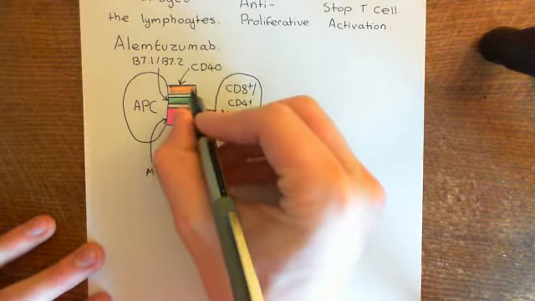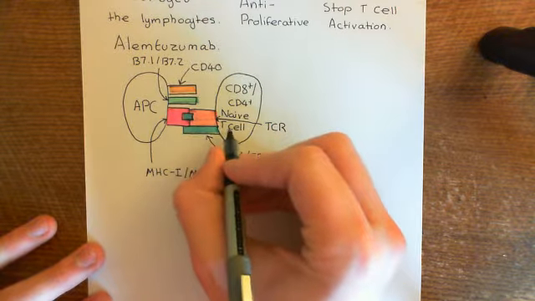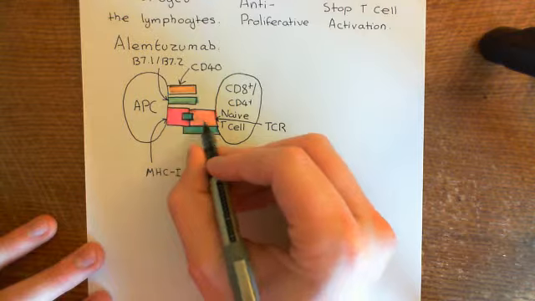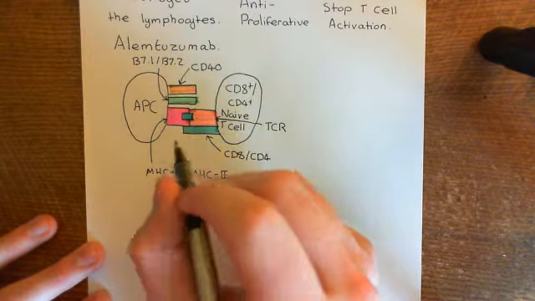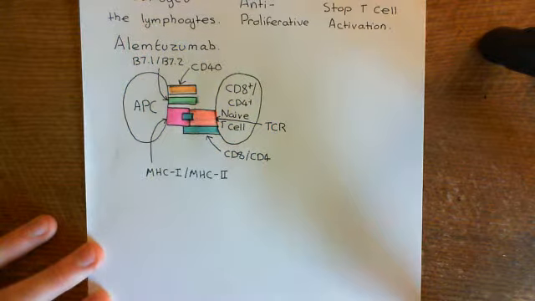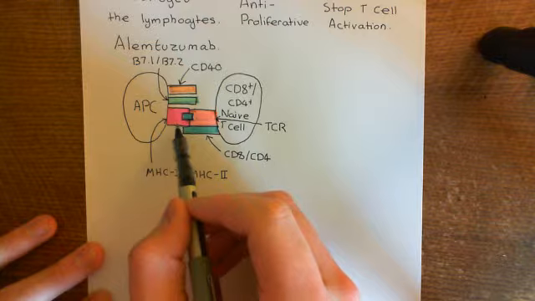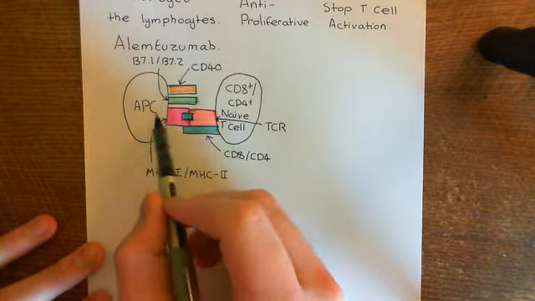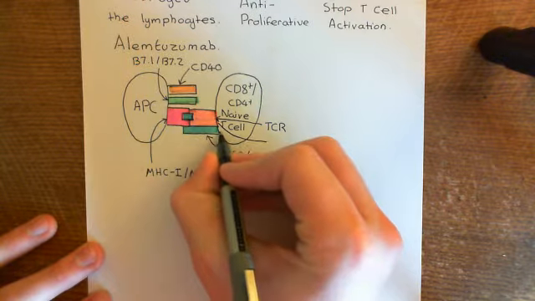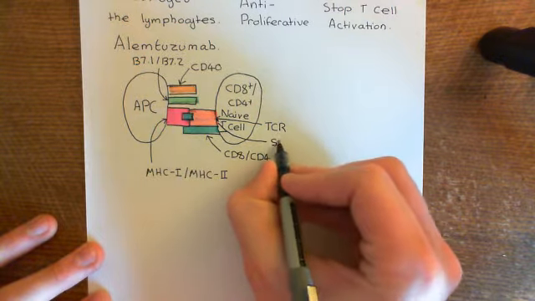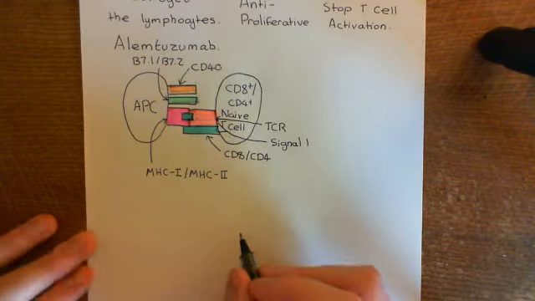Okay, then this is going to deliver signal 1 to this naive T cell. Okay, so when the T cell receptor binds to the antigen fragment on the MHC molecule, and also the CD8 or CD4 molecule binds to the MHC class 1 or MHC class 2 on the antigen presenting cell, these two things together will deliver what is known as signal 1 to this naive T cell.